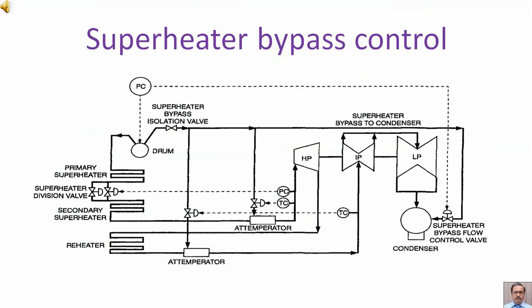This is the figure for superheater bypass control. This figure shall be used in the subsequent slides. However, if you want to refer to this slide, you can always come back to it.